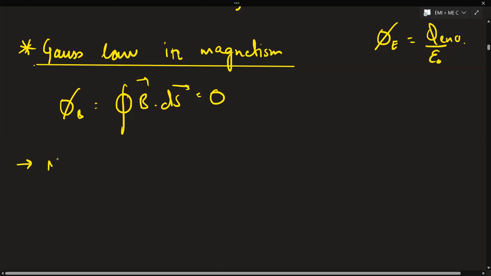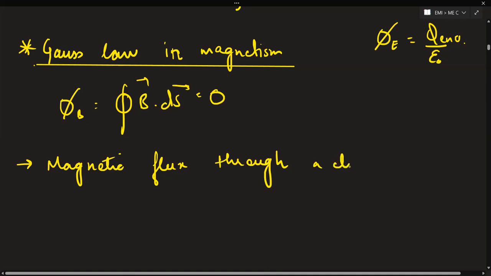Basically, this says that magnetic flux through a closed surface is 0. Magnetic flux through a closed surface is 0. So this is important.